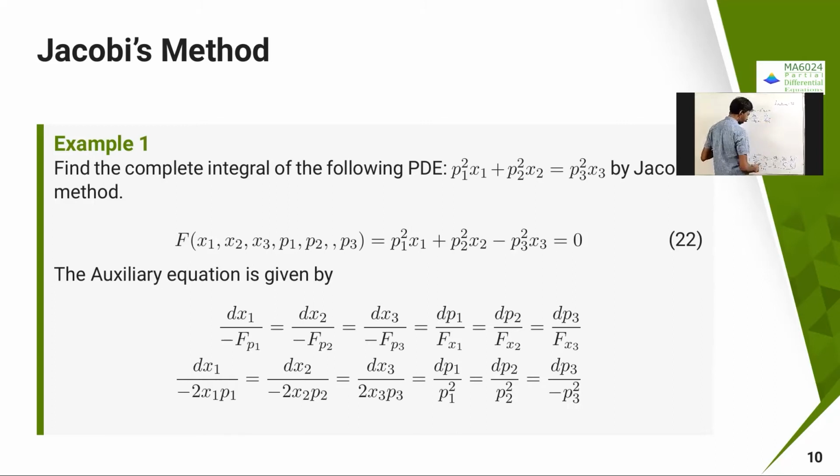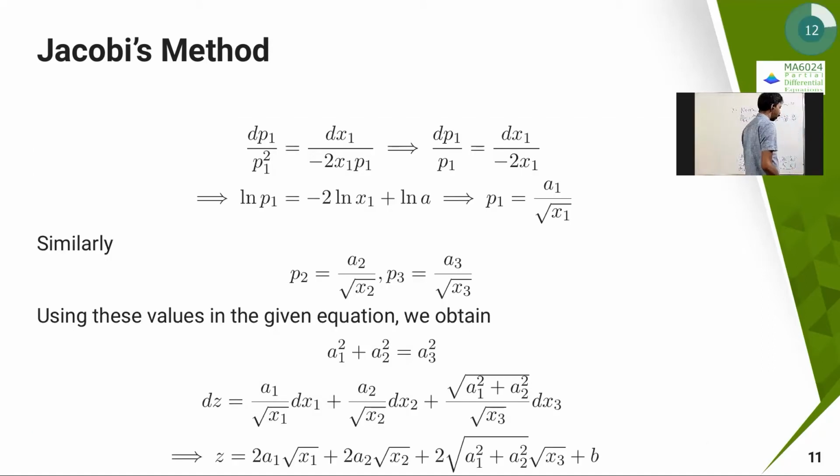There is a minus sign already here, so plus is going to come, 2p3 x3, equal to dp1 divided by, differentiating with respect to x1, p1 square, equal to dp2 divided by p2 square, differentiating with respect to x2, equal to dp3 divided by minus p3 square, differentiating with respect to x3. This is the auxiliary equation. Now you have to solve this equation.